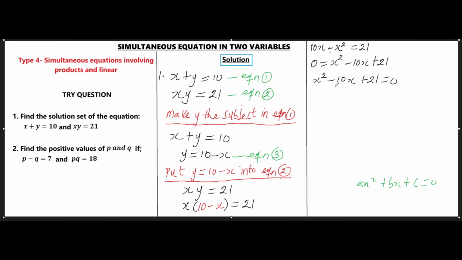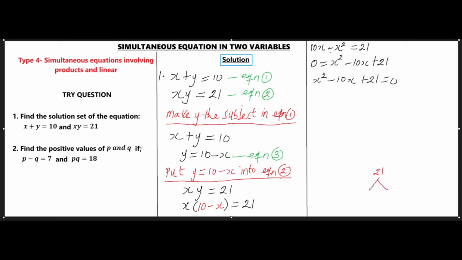Now let's factorize this quadratic equation. You know that the coefficient of x squared is 1 and the constant is 21. So when you multiply the two, we have positive 21. So let's look for factors of positive 21.